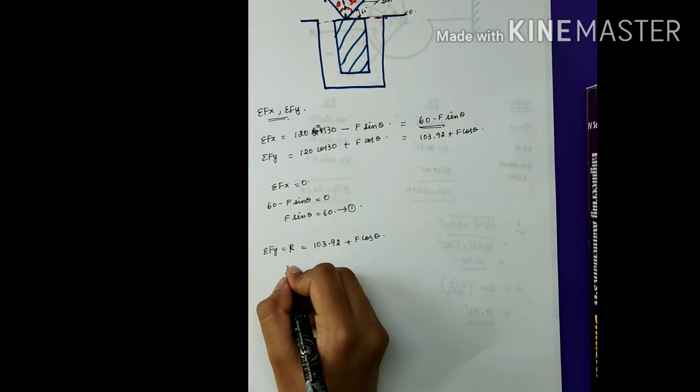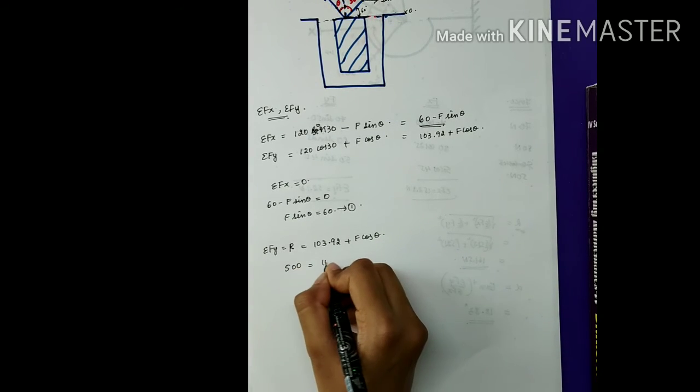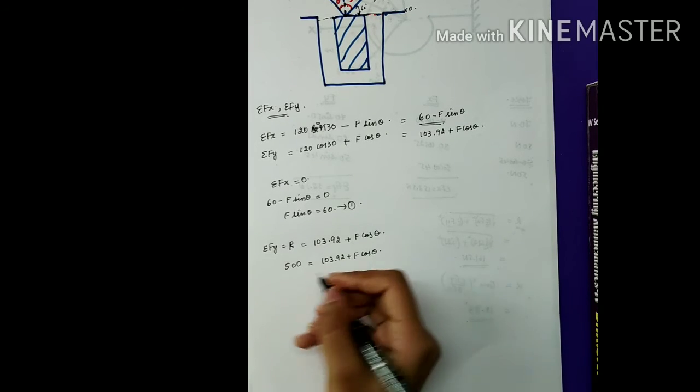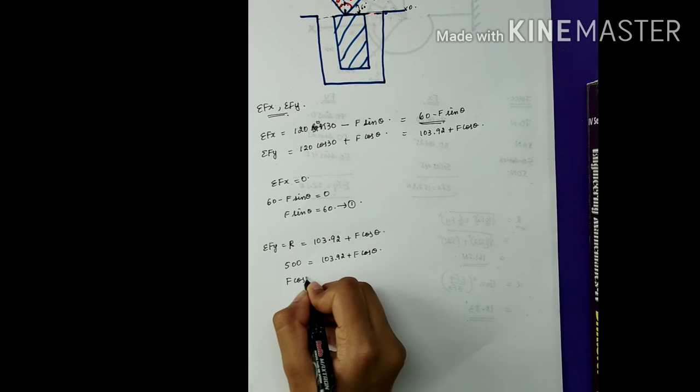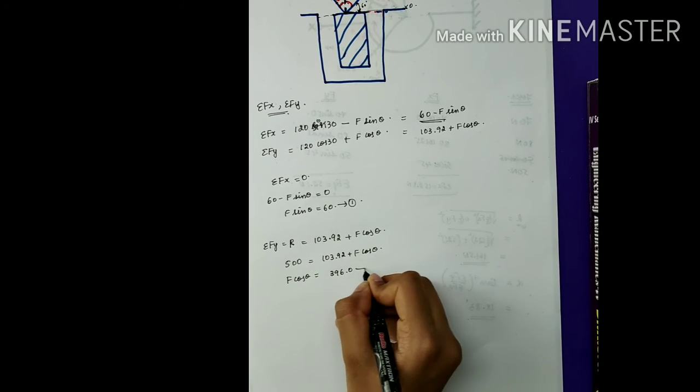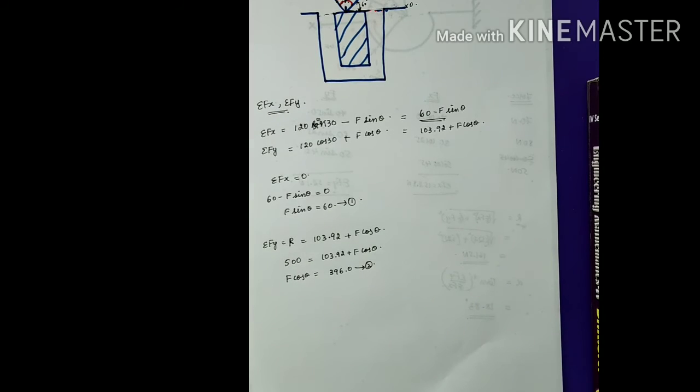So the resultant is given, that is 500 equals 103.92 plus F cos theta. You will have F cos theta equals 396.0. Call it your equation 2.